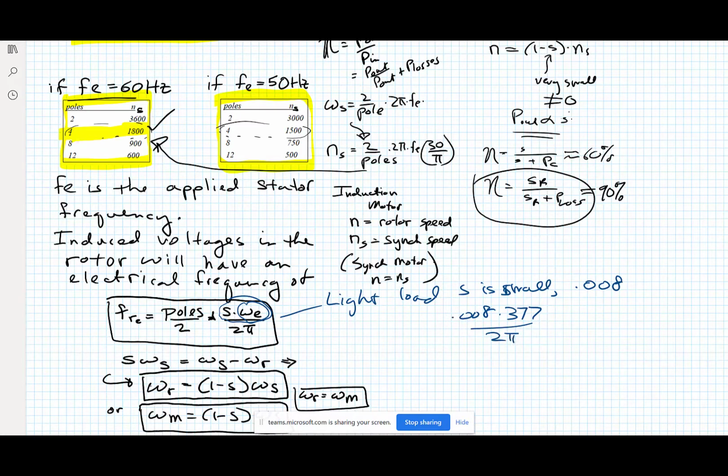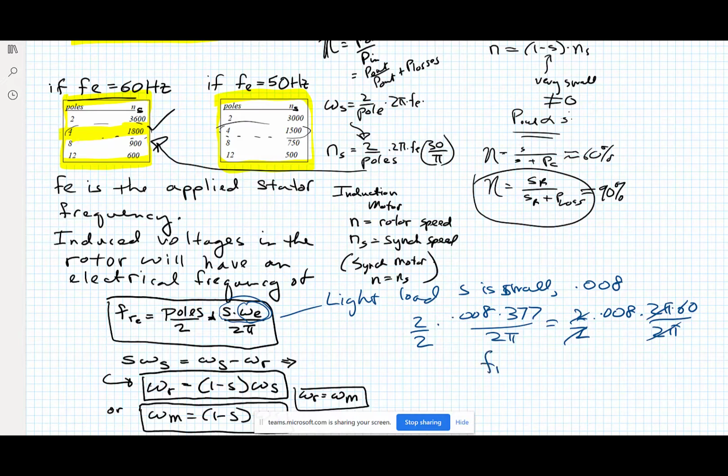Well, you just divided it by 2 pi anyway here. Let's say we had a 2-pole machine, 2 over 2, times 0.008 times 2 pi 60 over 2 pi.